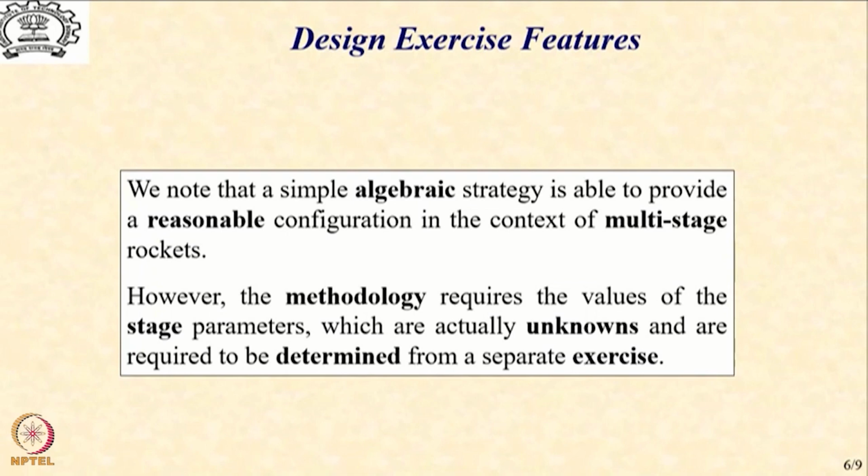And only after we know the pi i's, the methodology that I have demonstrated can be used to arrive at the actual mass configuration. So even before we can make use of these relations and the solution methodology, we have to talk about pi i's as the real unknowns which have to be determined from a different strategy.